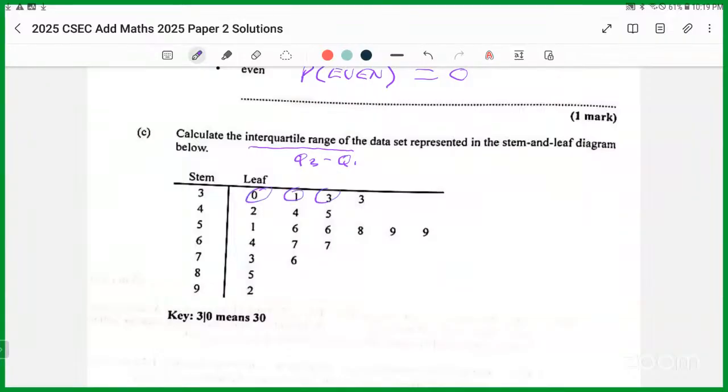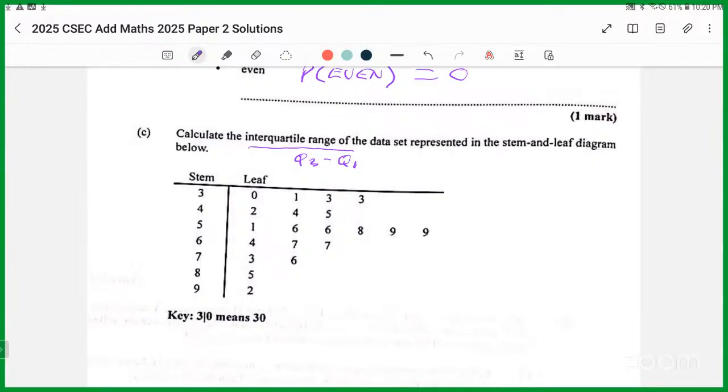So how many values? 1, 2, 3, 4, 5, 6, 7, 8, 9, 10, 11, 12, 13, 14, 15, 16, 17, 18, 19, 20. 20 values. So I want to break it up 10 and 10.